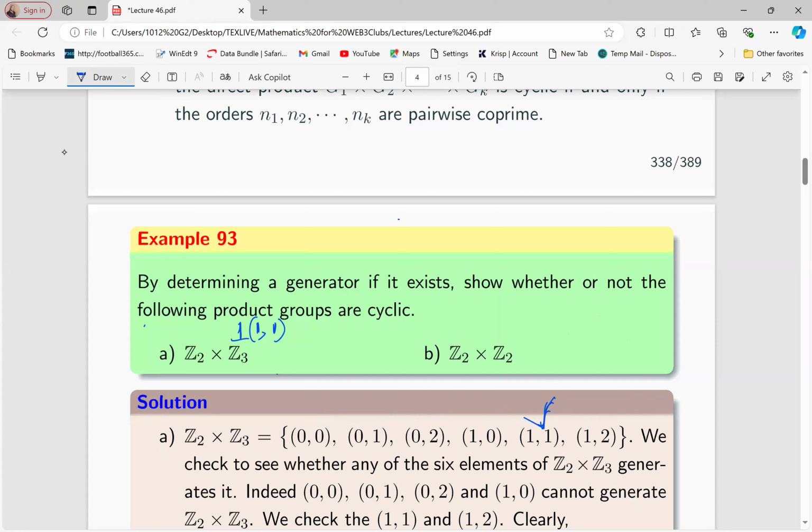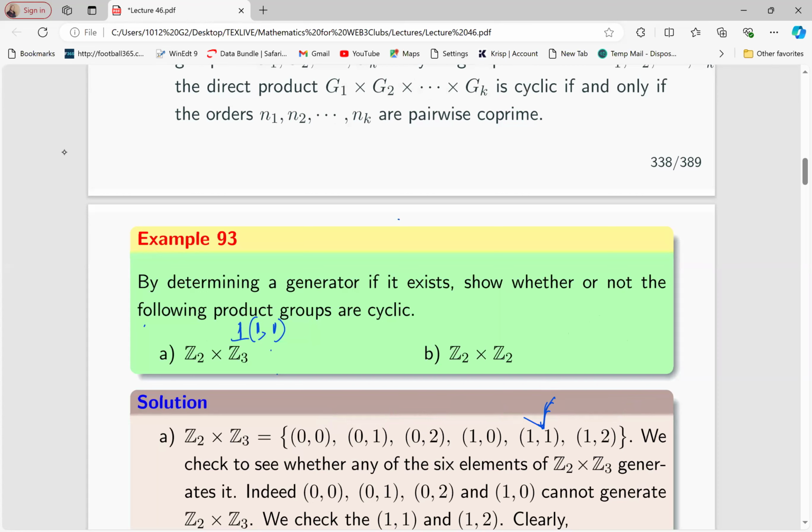Now let's add it to itself twice. That means 1 twice, or you can write it this way: 1 plus 1. So the way we add these elements, you add the first elements, you get 2, but the first elements are coming from this group, mod 2. So 1 plus 1 is 2 mod 2.